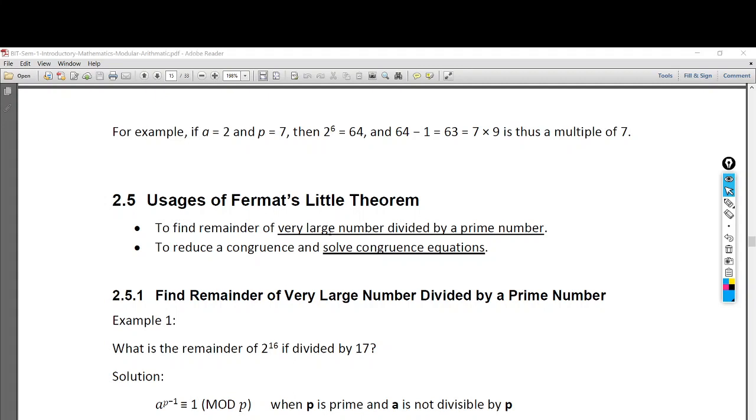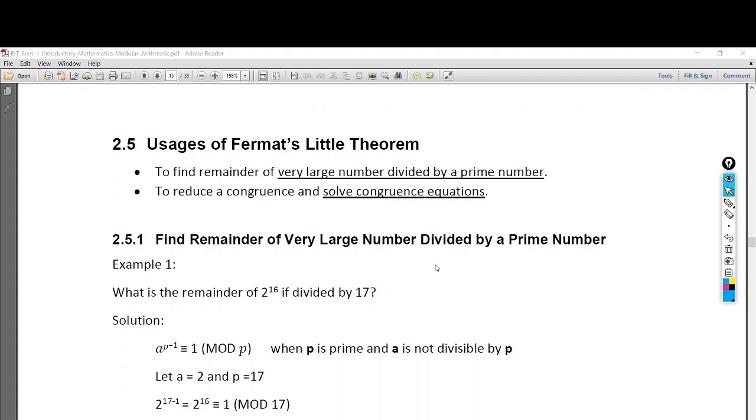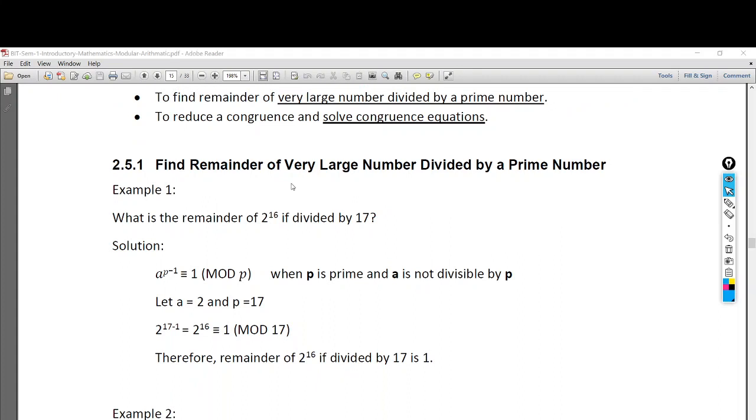If you want to find the remainder of a very large number divided by a prime number, we can use Fermat's little theorem. And of course, you can use it in solving congruency equations. We are going to do that as the last step today. So we'll do a few examples. This one is mentioned in your syllabus also, so that is why I put it, right?